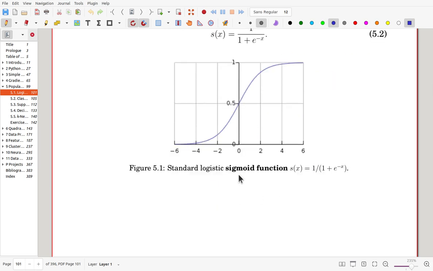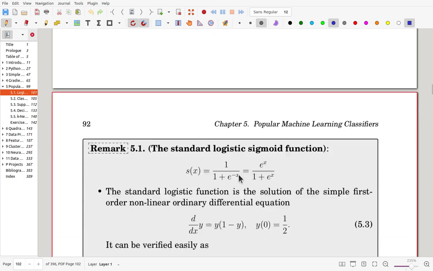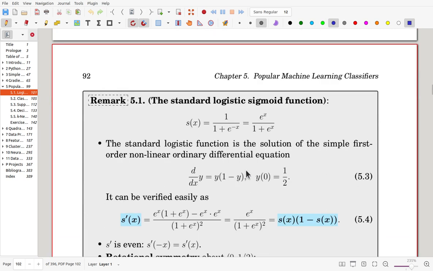The standard logistic sigmoid function has the following properties. It's the solution of a differential equation. You can easily check that when x is 0, the sigmoid function has value 1/2, and when we differentiate it, we get s of x times 1 minus s of x.